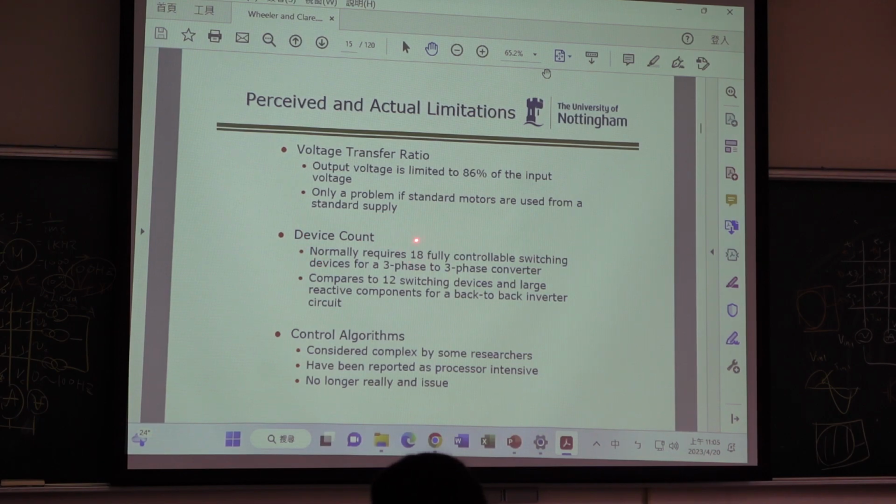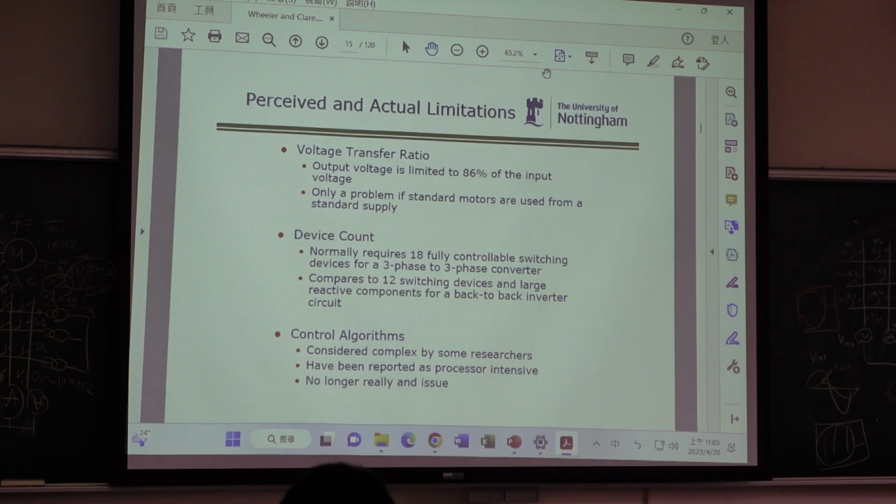And we have 18 IGBT, 9 AC switch, 18 IGBT. But for the previous one, PFC plus inverter, we only use 12 IGBT for back-to-back, right? So back-to-back only 12, but matrix converter 18, more than back-to-back.